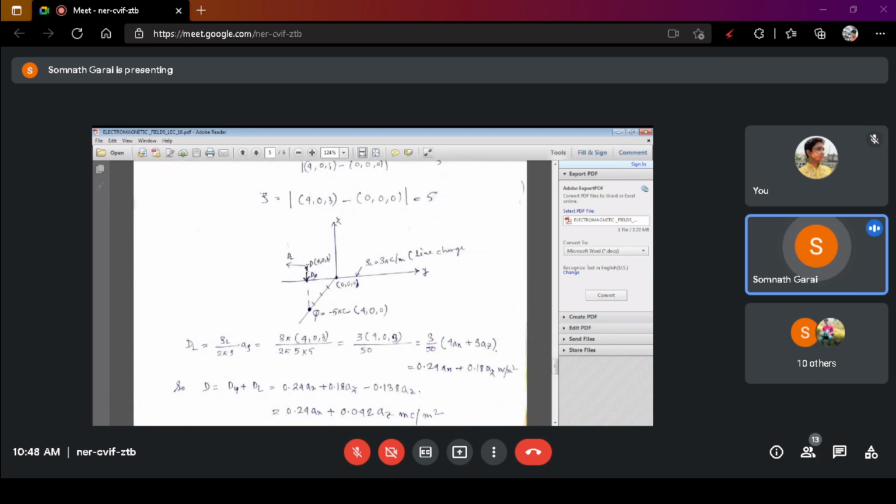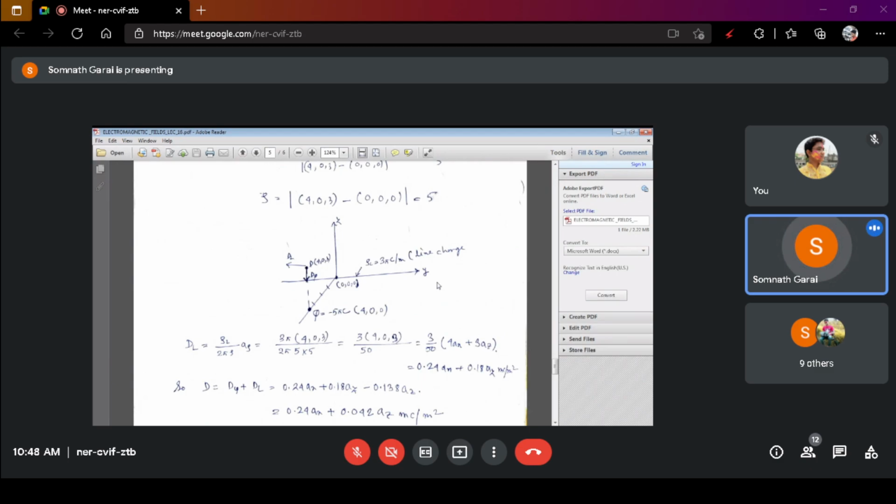So that is the location of 4, 0, 3. 4 is the x value. Y value is 0. Z is equal to 3. So x, y, z. That is our point. At that point we can calculate our electric flux density with respect to this point charge and this line charge.